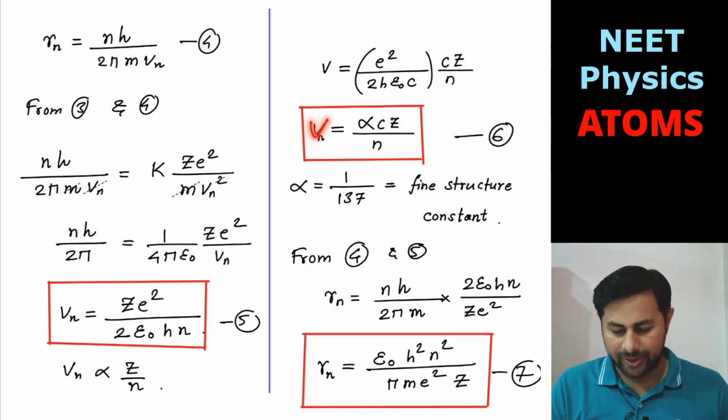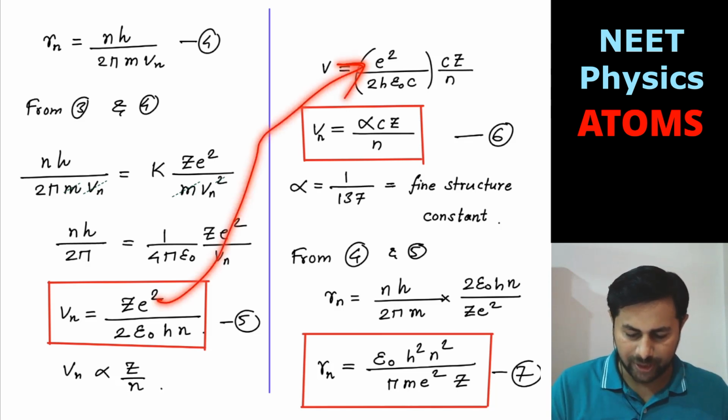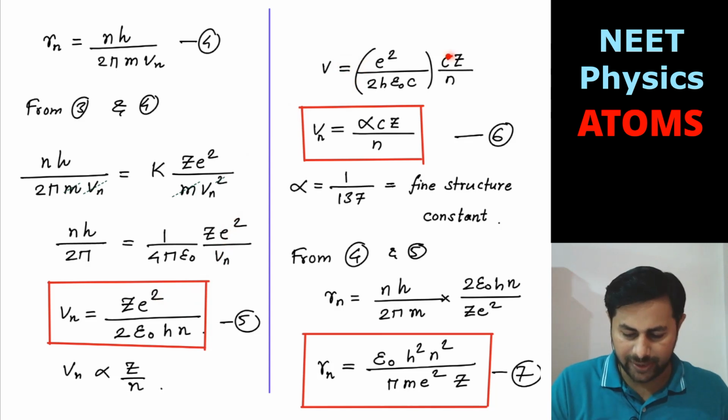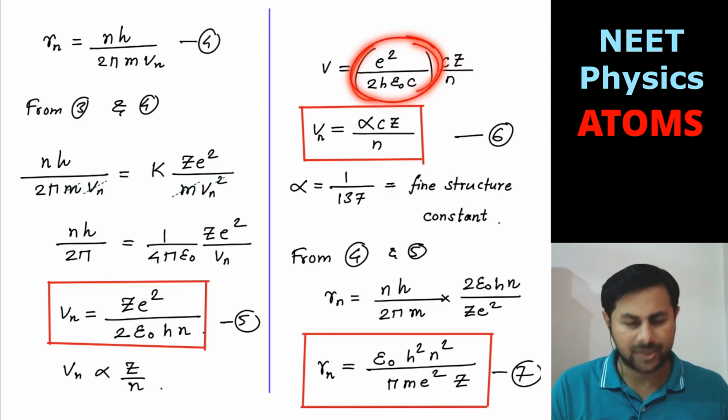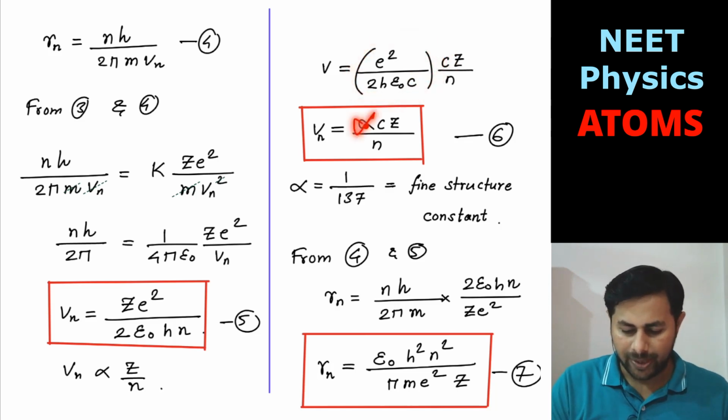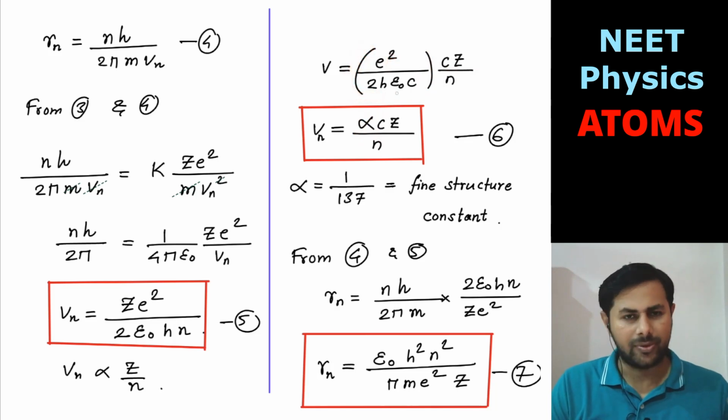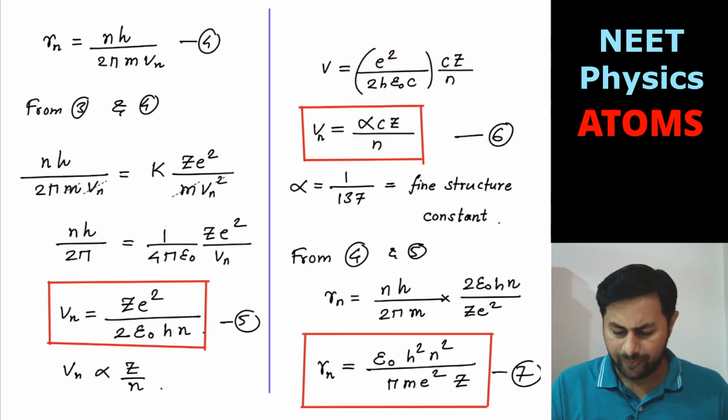C is the speed of light. Alpha is e square by 2 times h epsilon naught C. So this alpha will keep on coming.